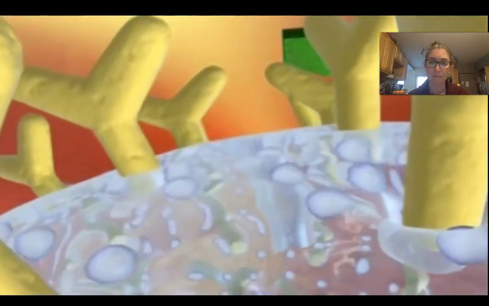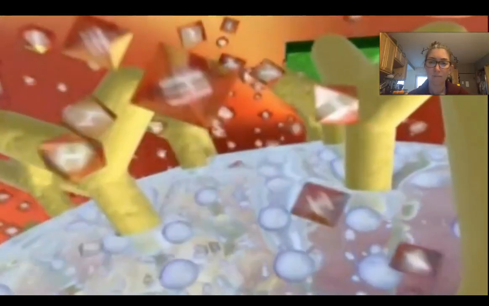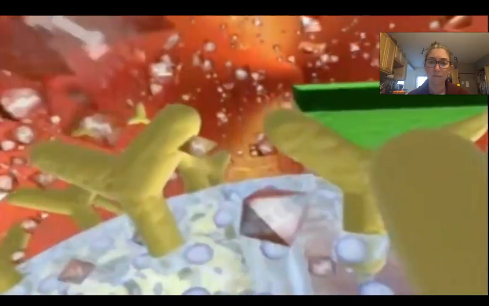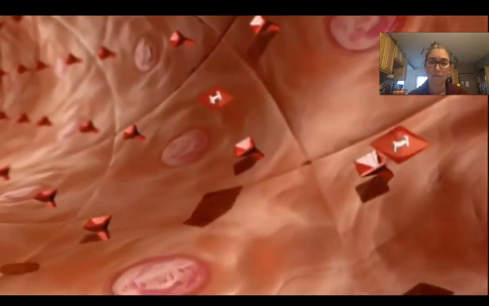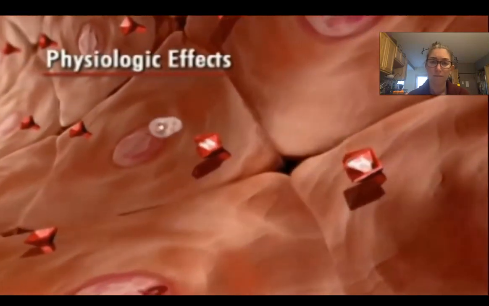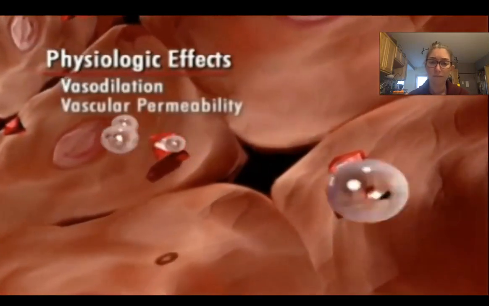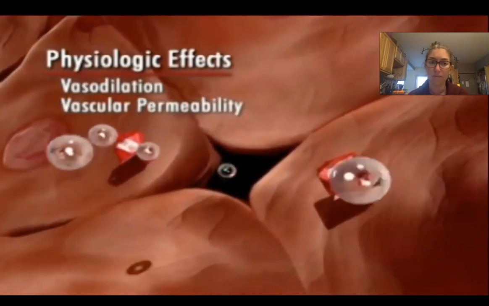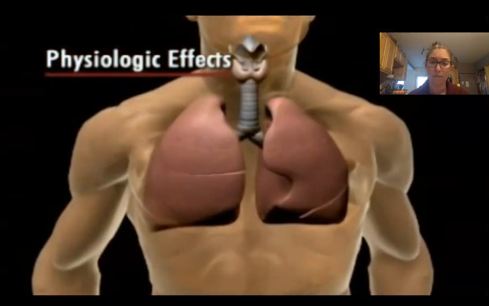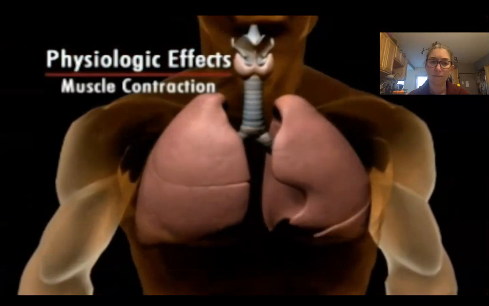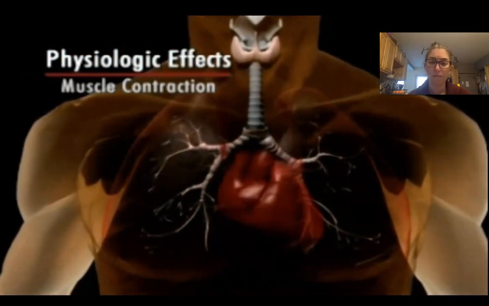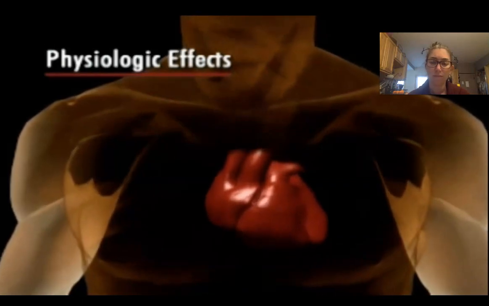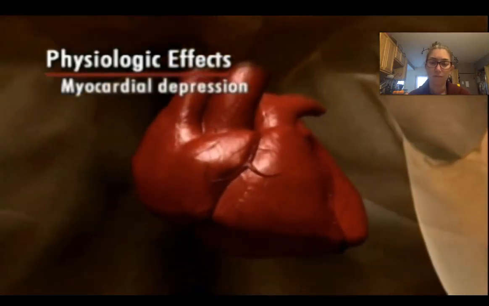The result is degranulation, with the release of histamine and other chemical mediators into the extracellular space. These mediators flow through the body and bind to receptor sites at target organs, producing physiologic effects such as vasodilation and increased vascular permeability. In the lungs, histamine produces smooth muscle contraction, which causes obstruction, wheezing, and shortness of breath. A combination of mechanisms results in myocardial depression.